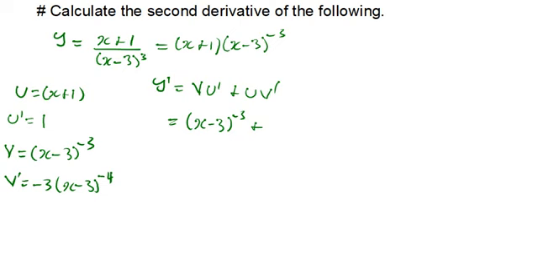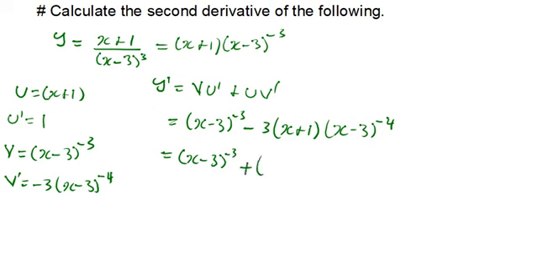So that would be, in fact, we have a minus 3 there, so we just say -3(x + 1), which is our u, then (x - 3) to the power negative 4, which is part of our v prime. So here we're going to have (x - 3) to the power negative 3, minus 3(x + 1) times (x - 3) to the power negative 4 there.